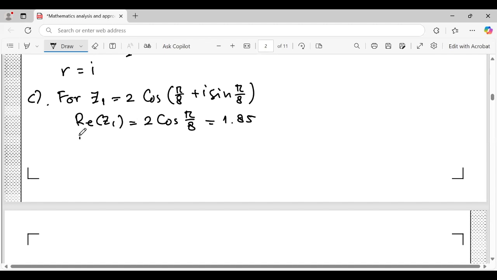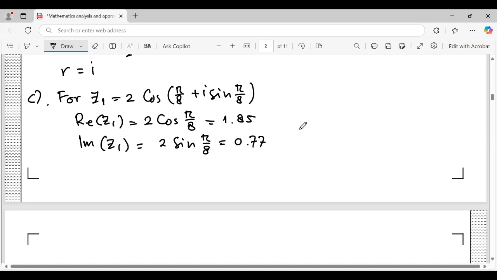Meanwhile, the imaginary part of Z1 is 2 sine pi over 8, and this is 0.77. So the coordinates on the Argand diagram are in the first quadrant.